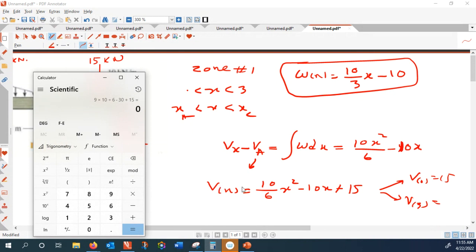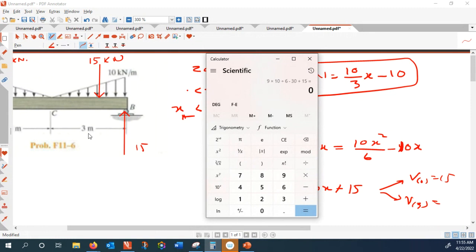That's 0. So in the middle, your shear becomes 0. All right? And this is a quadratic. So v of 3 is equal to 0.